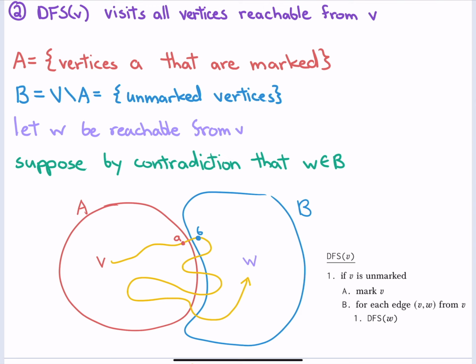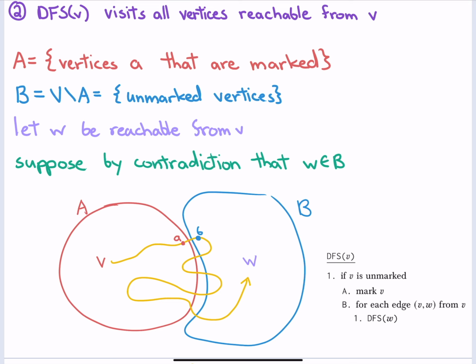Okay. So I'm going to say, suppose there is some vertex W that's reachable from V, but wasn't visited. In particular, it wasn't marked. And I'll show there's some contradiction, which means the premise was impossible, so W must have been visited.